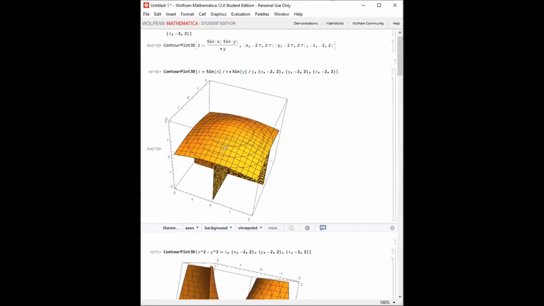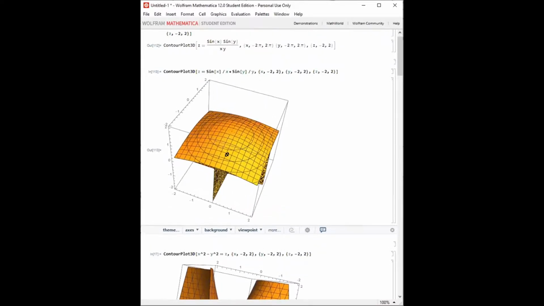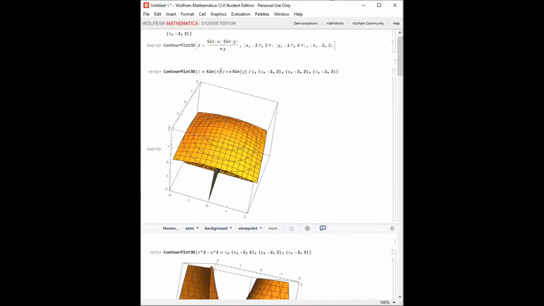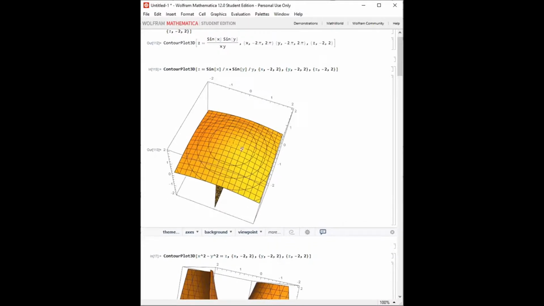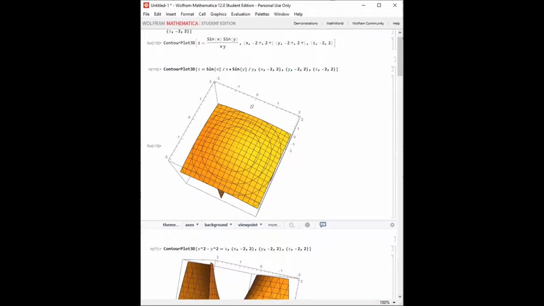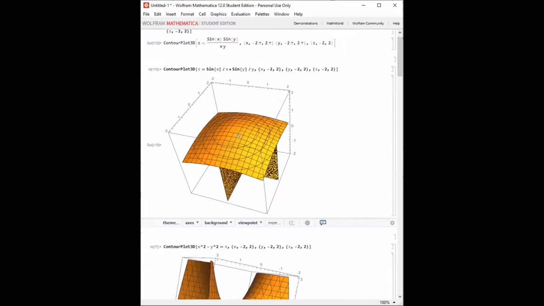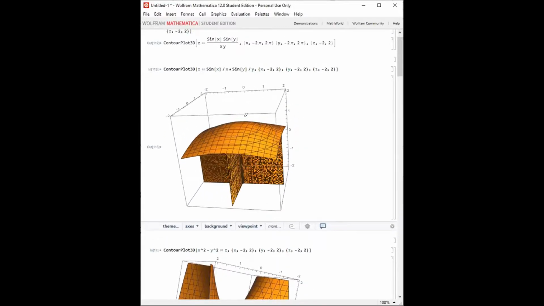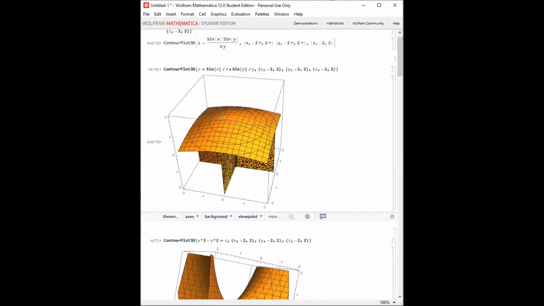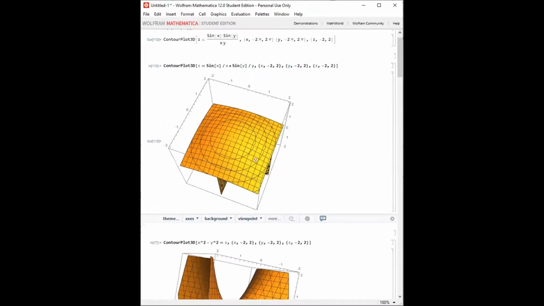This is just Mathematica trying to figure out what is going on there. The functions are undefined along those lines. We can't have x or y be equal to 0. Right? So basically those two lines that make this cross. Otherwise, as we move away from the origin, we get smaller and smaller. So you can see this decay outward.